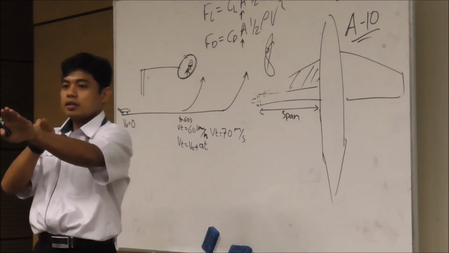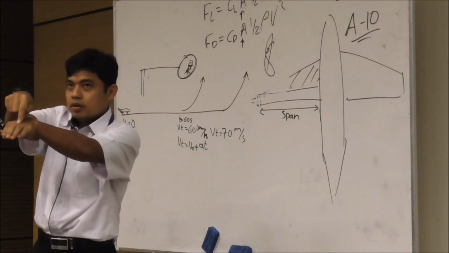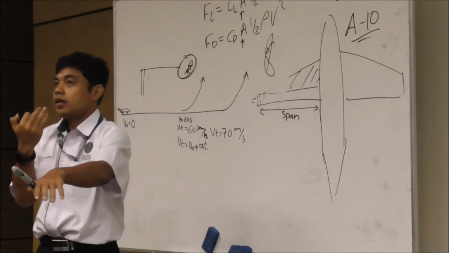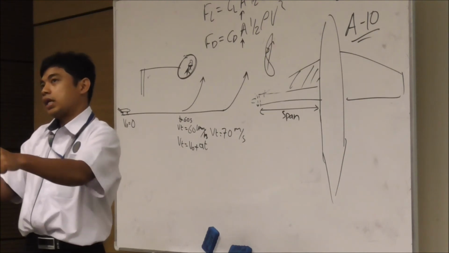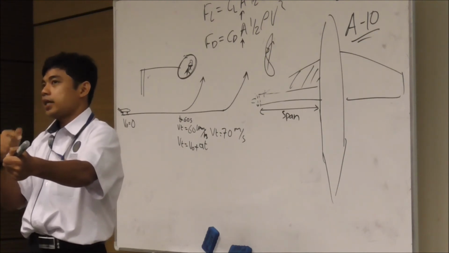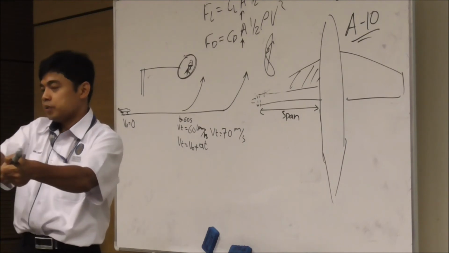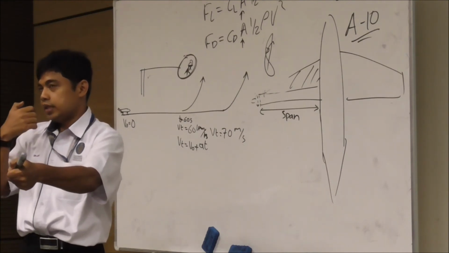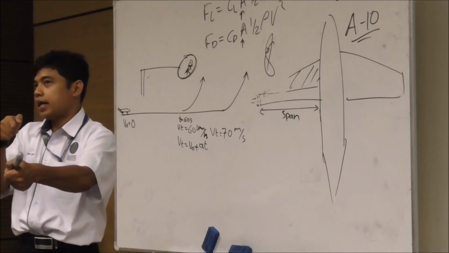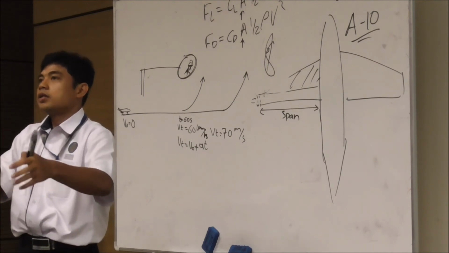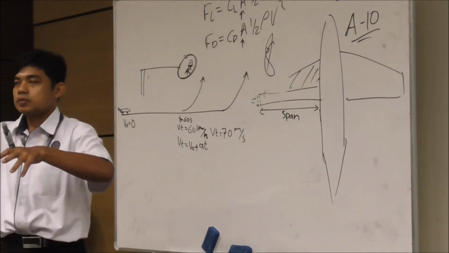The trainee will be at the front and the instructor behind at the rear, and both of them have the same stick. Even the one behind can override the front. So when the instructor feels that this pilot is not doing a good job, they can override. Okay, then you transition to the next.